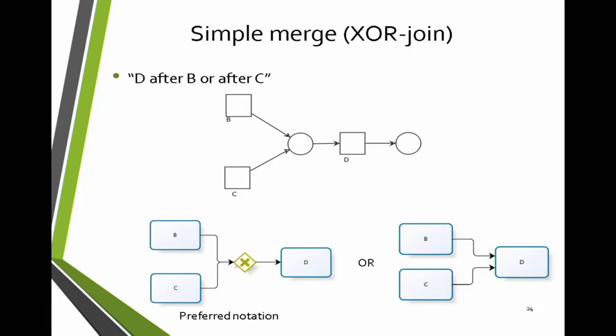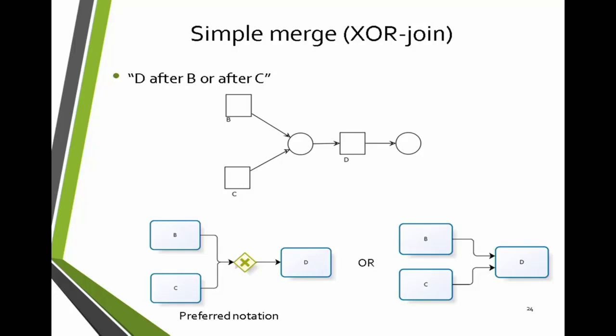Again, like with the AND split gateway, there is an alternative notation without the join gateway, but I still prefer this one. I still prefer you to always model your gateways, which means that in some cases you model gateways one next to each other.